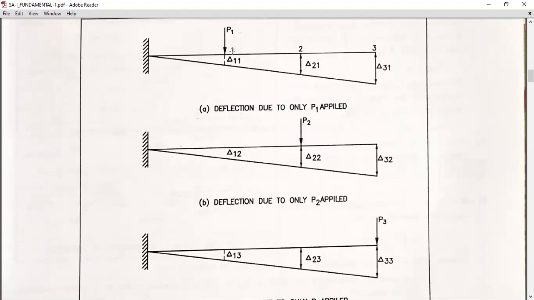We can see a cantilever beam having fixed support at each side and no support in between. We put the load at a decided point, which we call 1, and the load is P1.